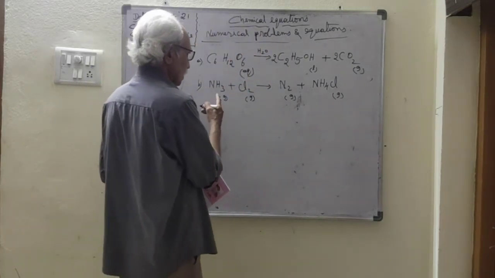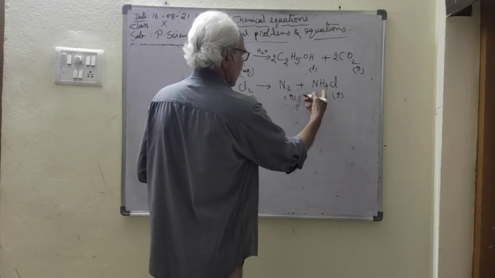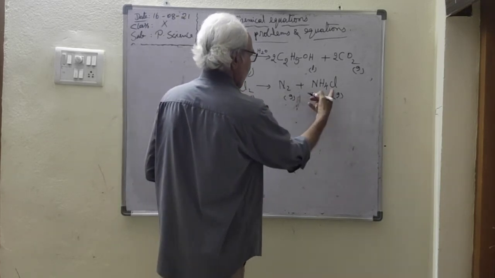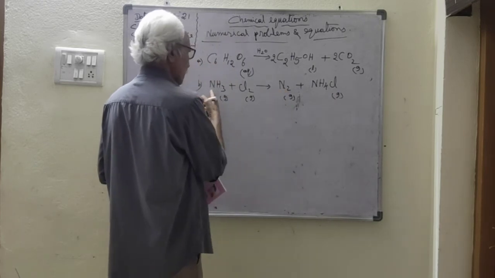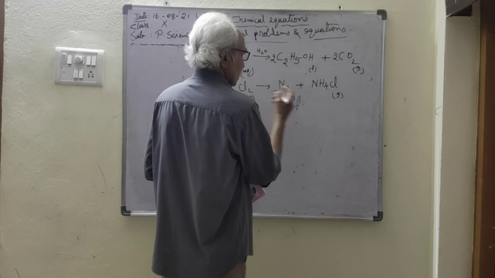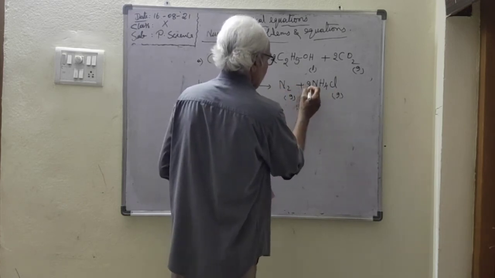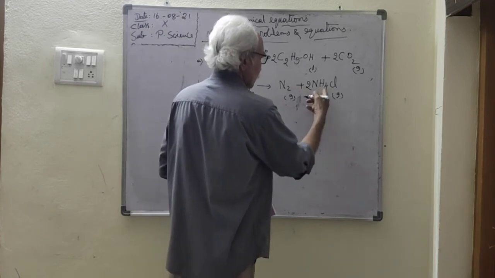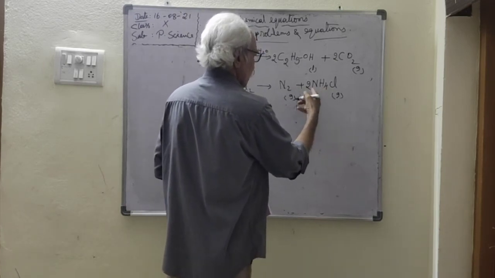Now you have to balance the equation. Here hydrogen is 4, here 3. Chlorine is 2, here chlorine is 1. Nitrogen 2, here nitrogen is 1. So first you balance the chlorine. Chlorine 1 and 2, multiply with 2. So what about hydrogen? 2 fours are 8. Chlorine is balanced.